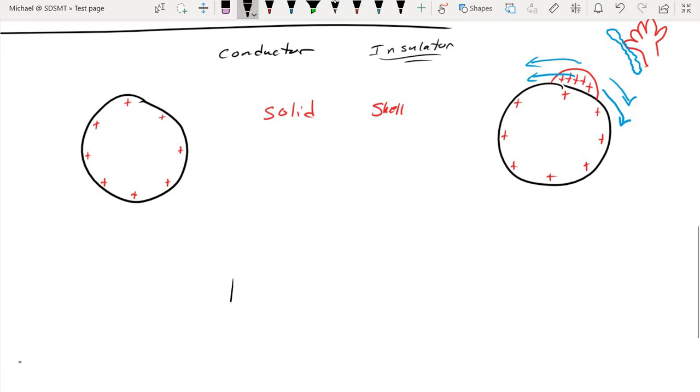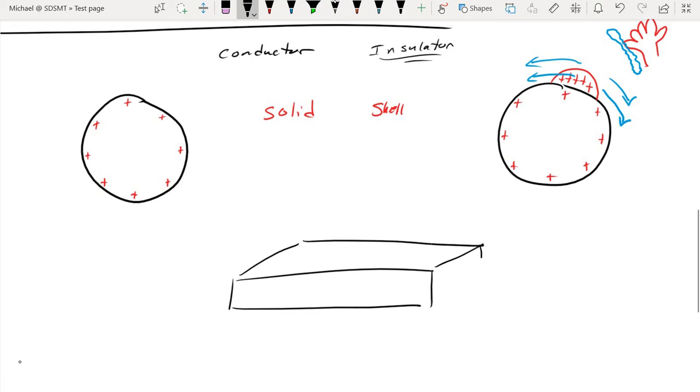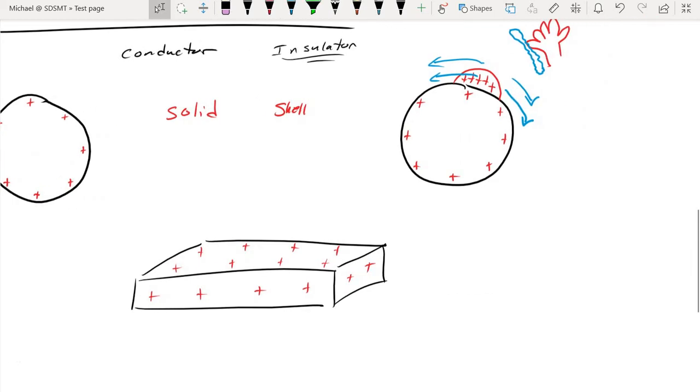I could have a rectangular conducting material, and if I were to place some excess charge on that rectangular conductor, the charge itself would have to distribute itself uniformly about the surface of that rectangular prism, for lack of a better term. If I had a pyramid, the charge would have to distribute itself uniformly about the surface of that pyramid if it was made of a conducting material.